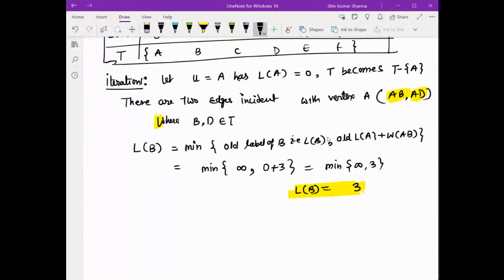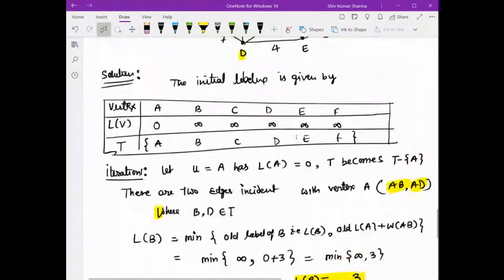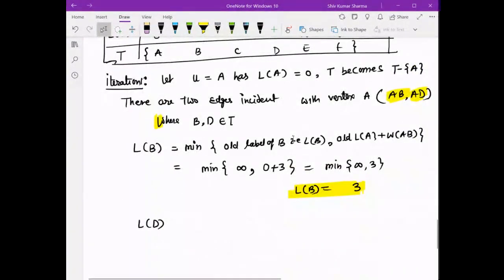Similarly, we find the level of D, because D is also incident with A. The same formula we use: minimum of old level of D, comma old level of A plus weight of AD.